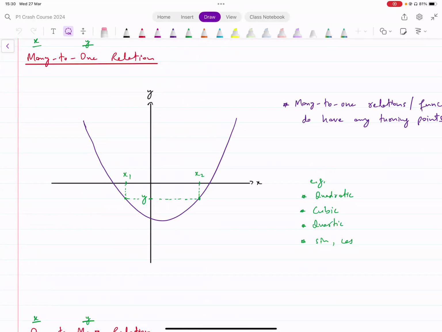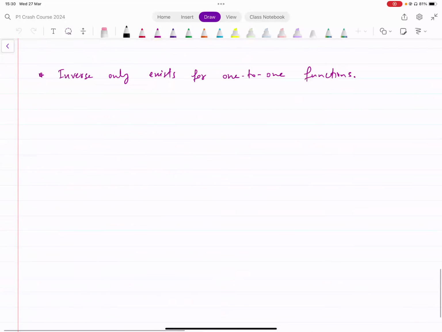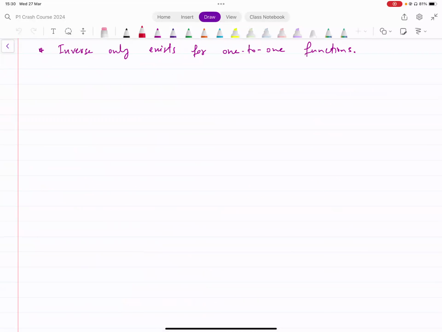So there's basically a test that you need to know about that we will be using sometimes in some problems, and that's called a horizontal line test. So sometimes you will have a function given, and you would have to figure out whether that function is a one-to-one function or a many-to-one function. Now let's see how we can figure that out looking at the graph of that function.